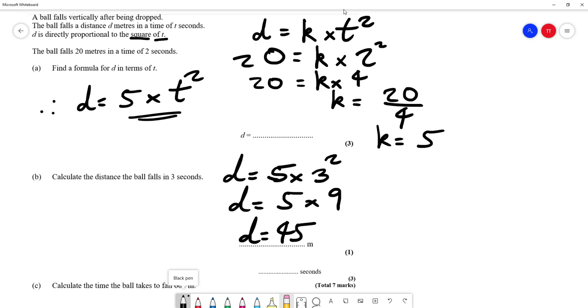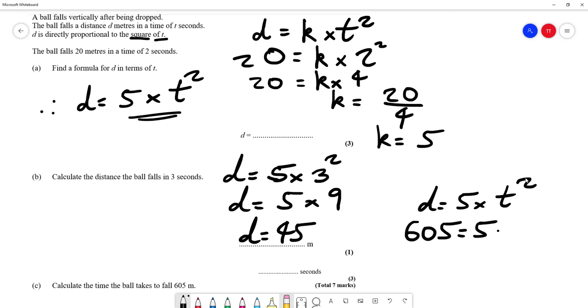Then it says calculate the time it takes the ball to fall 605 meters. So we start off by writing our formula. d equals 5 times t squared. Now d is 605. So 605 equals 5 times t squared.